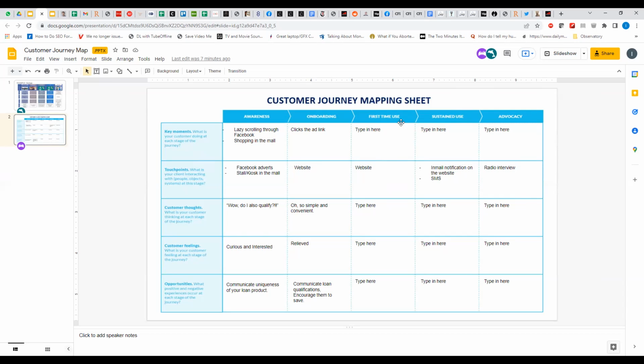He or she sees a product that might be responsive to their particular need, and their feeling is that they become curious or interested whether they qualify for that loan. Remember this, the key moments.